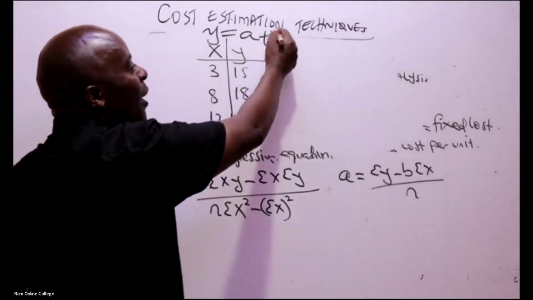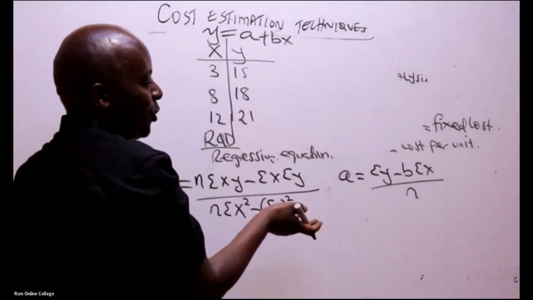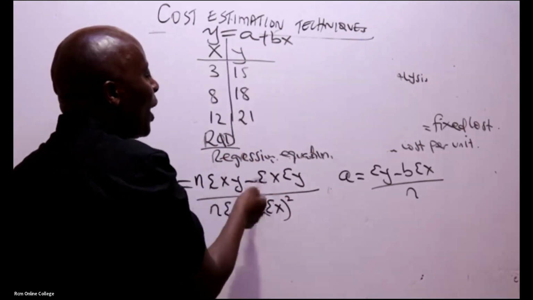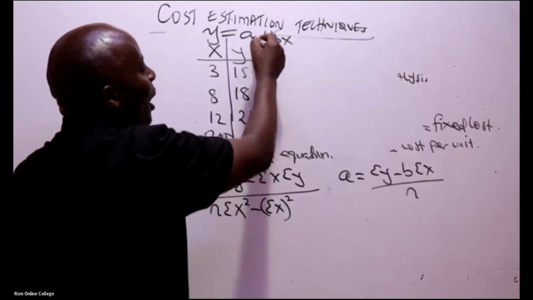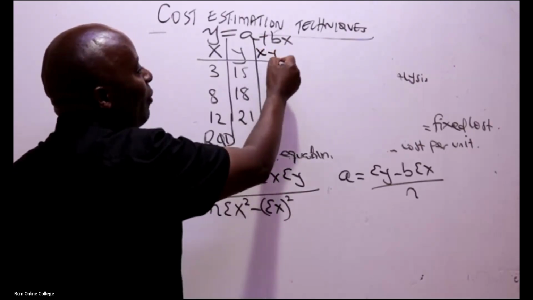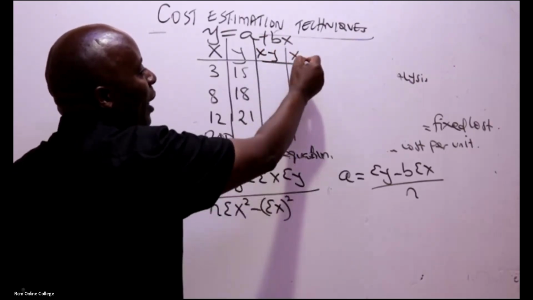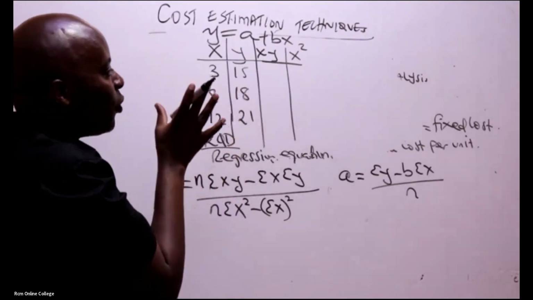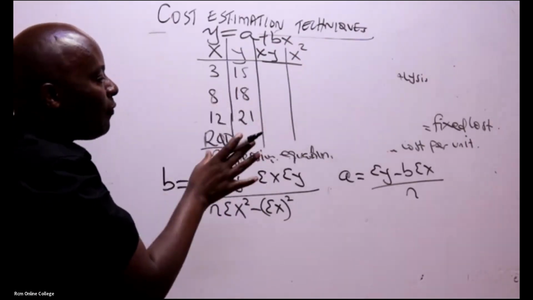We only have one predictor, so this is a simple equation. To come up with this regression equation, create a column for xy and a column for x squared. If you're doing regression, you need those two columns.